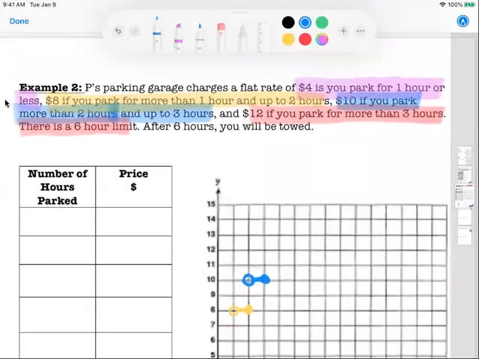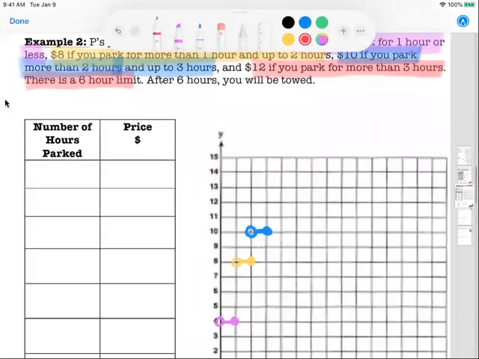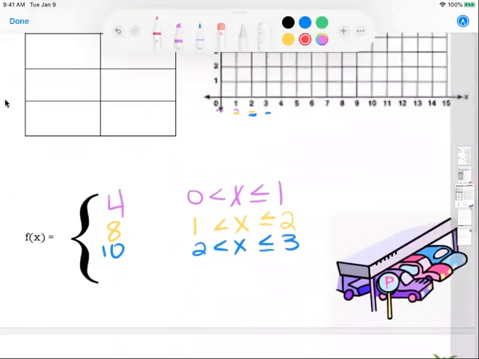And then our last component, it's $12 if you park for more than 3 hours, but there is a 6-hour limit. So that last rate is $12. Remember, that's if we park for more than 3 hours, but up to 6, including 6. Any more than 6, we're towed.